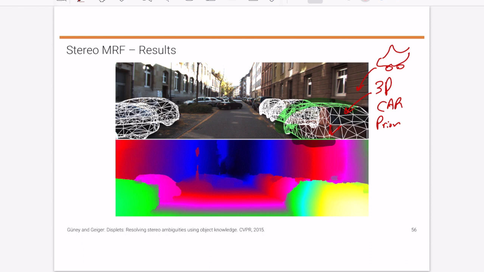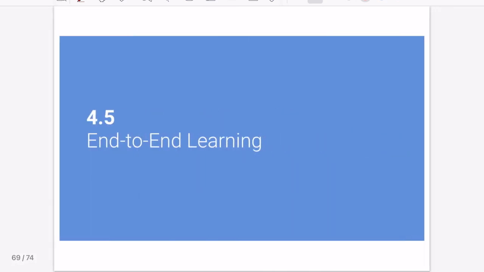This is another kind of spatial regularization. Alright, so that's it.